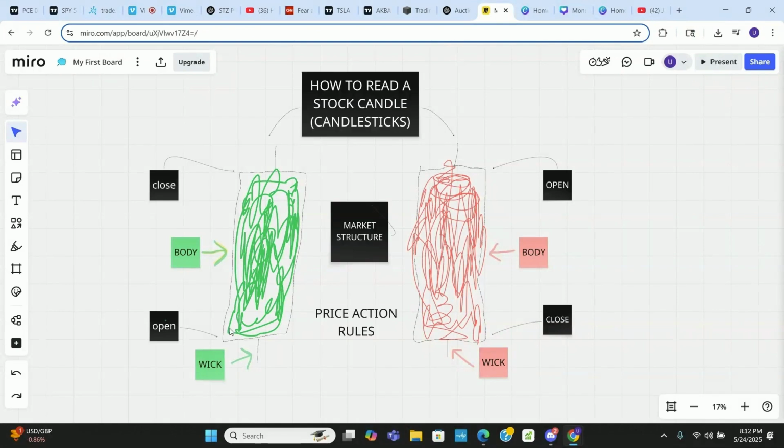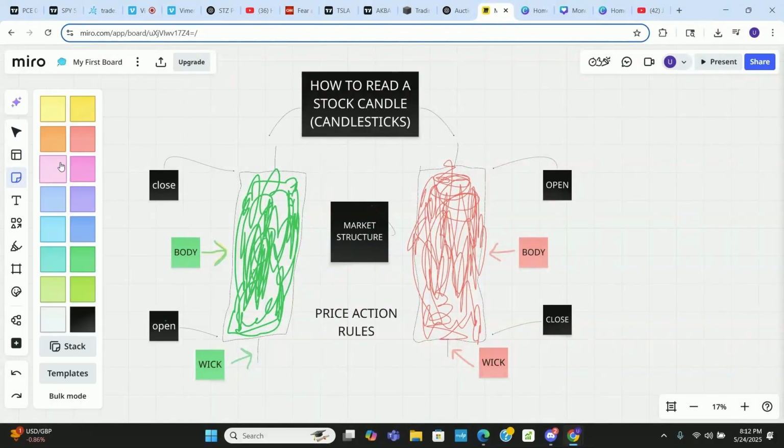These are daily candlesticks, so this is a day's worth of price action up and down. So we open up here at the bottom, and we went all the way up to the high, that wick, but we didn't close and finish there. Price rejected, came back down, and we closed here. But we also made a low, so this is your low right here. So this is going to be the addition that I'm going to add.